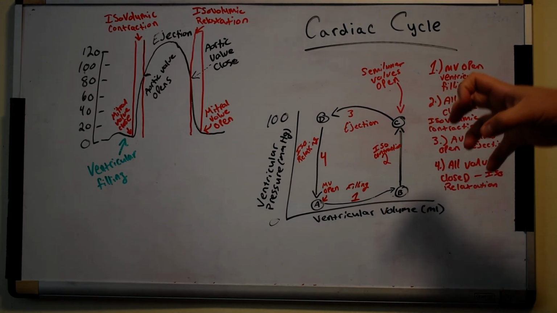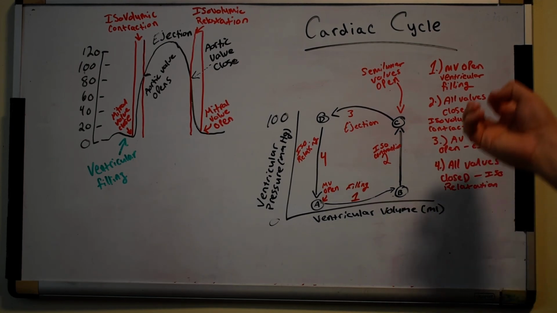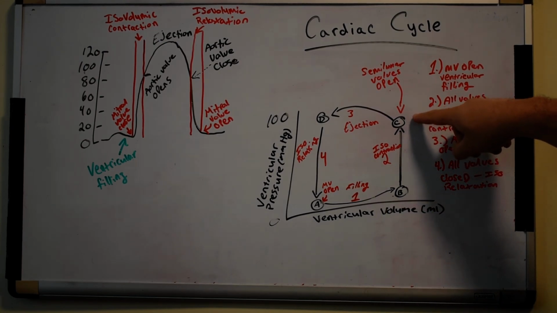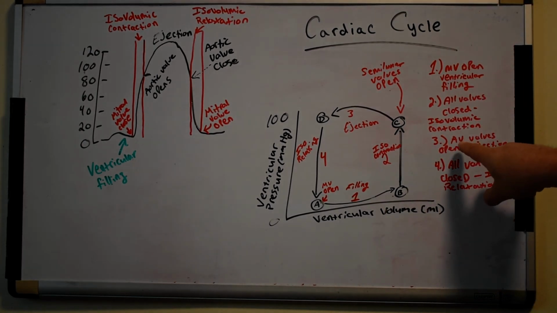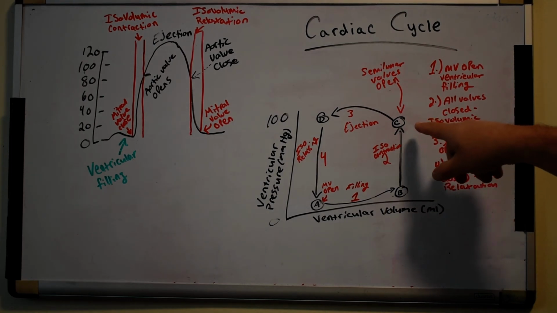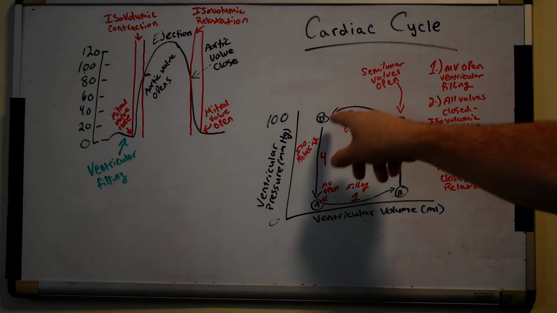So again, the heart is squeezing in on itself at this point, creating a buildup of pressure until a certain point that pressure is at or beyond the aorta. Now our aortic valves and pulmonary valves will open, causing or resulting in ejection.